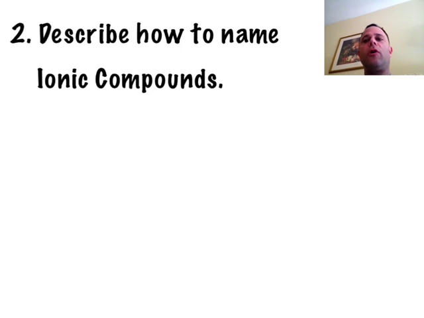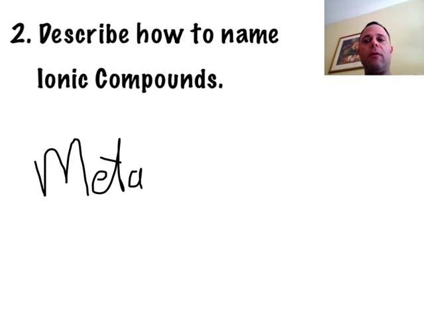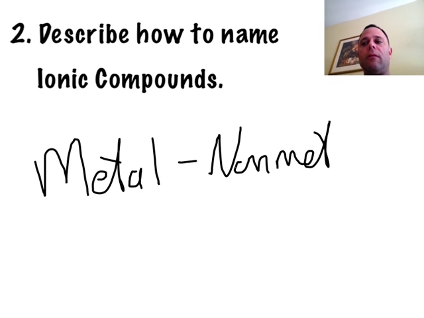So next, we are going to describe how to name ionic compounds. To remind you, an ionic compound is when a metal will bond with a non-metal.